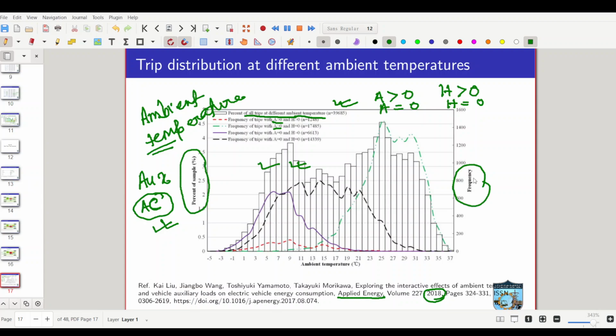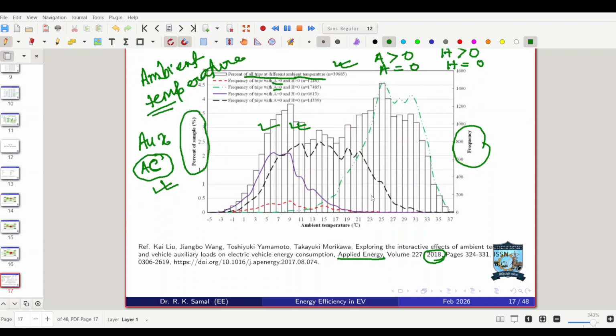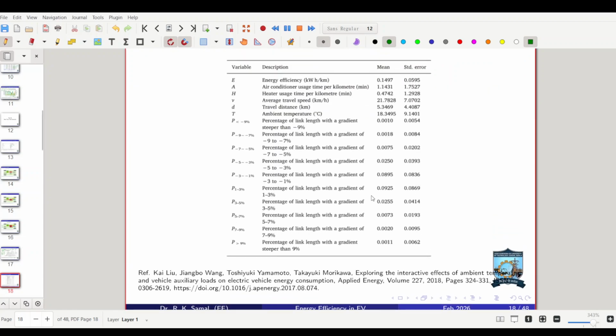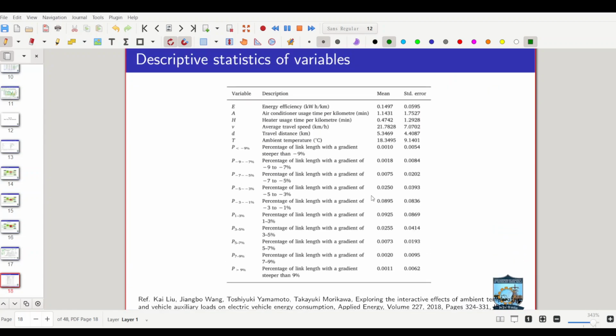Okay, total data is this one. And these are the parameters as you see.